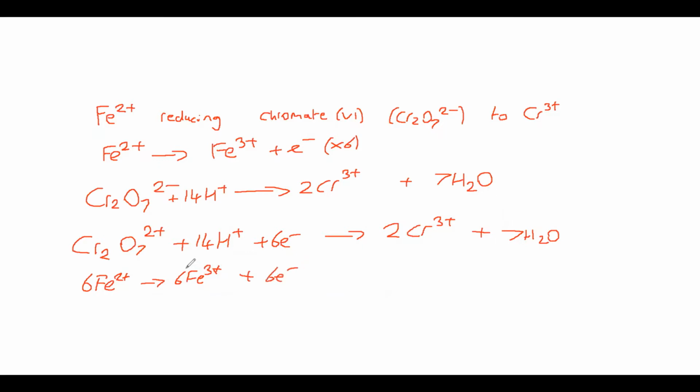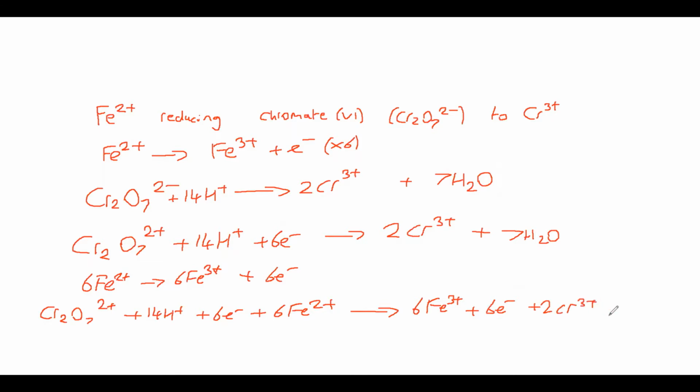So if we write out our reactants and products all in one equation, then we will have our chromate ion plus the 14H plus the 6 electrons plus the 6 iron 2 plus go into 6 iron 3 plus 6 electrons plus 2 chromium 3 plus 7 water molecules.